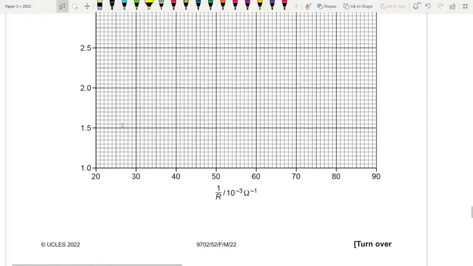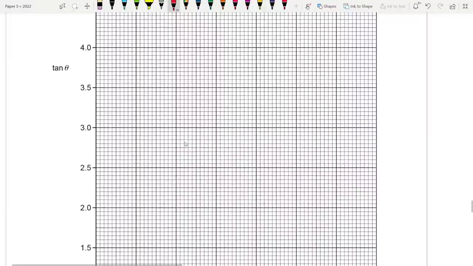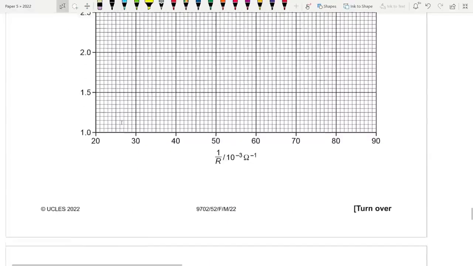45 and 3.27. 3.1, 3.2, 3.3, right? So we're looking for 3.27. 3.25, 3.27 is over here. Next. 30 and 2.16.